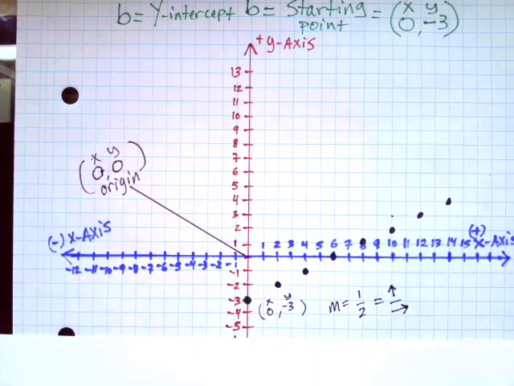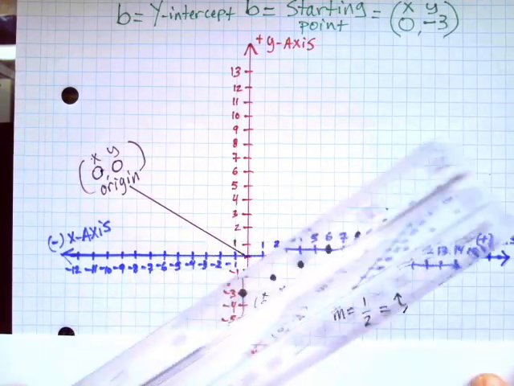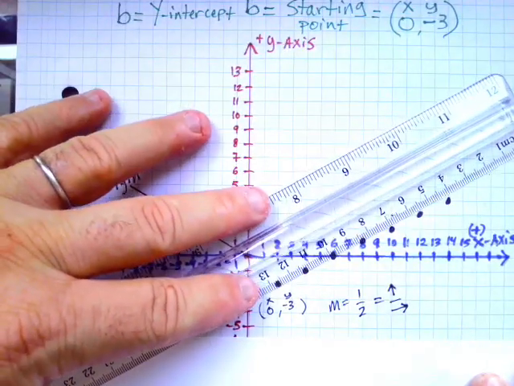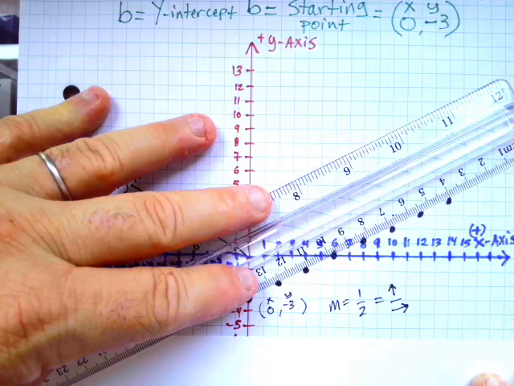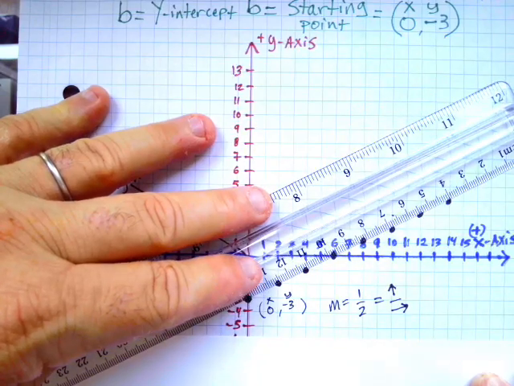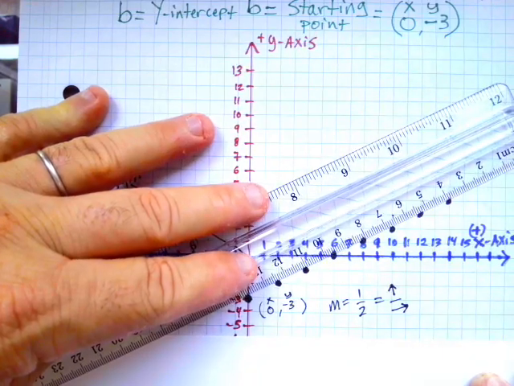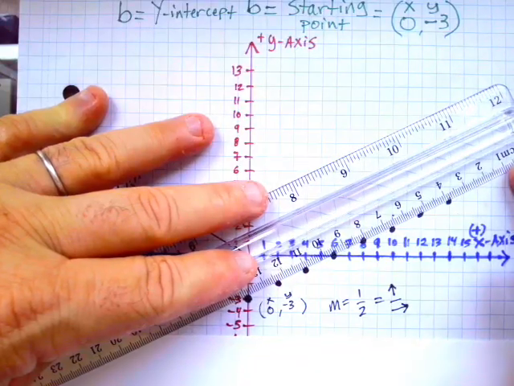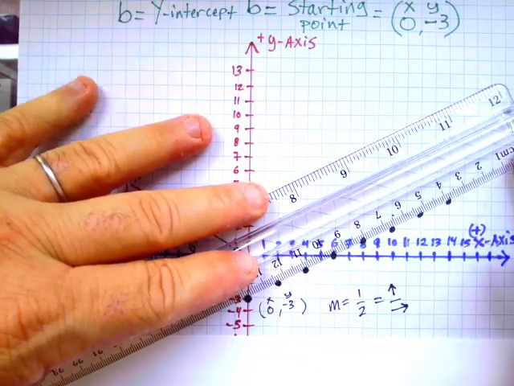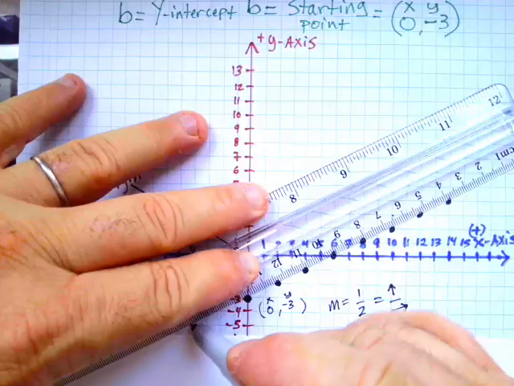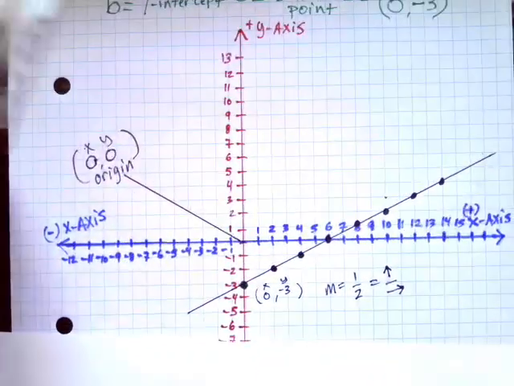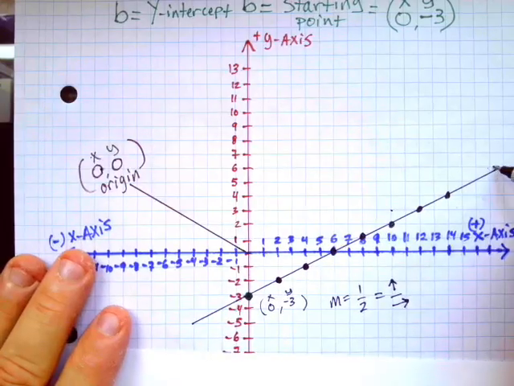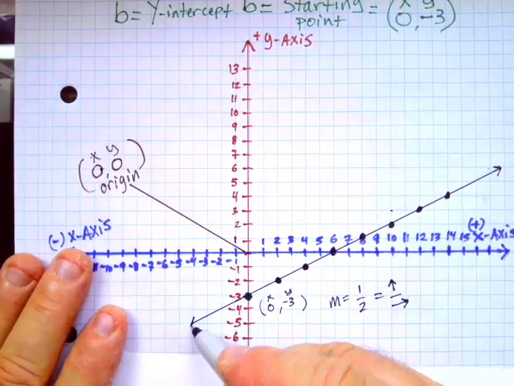Now we're just simply going to connect all these ordered pairs that we've plotted here on the graph. I'm going to line them on up. This may not be perfect, for time constraints' sake. I'm just going to do the best I can. And again, this line will go on forever and forever in each of the directions.